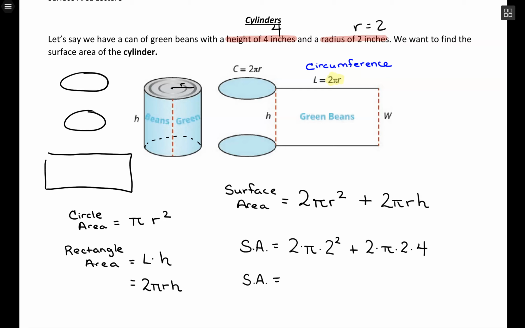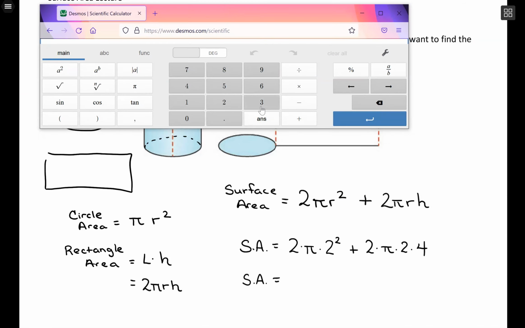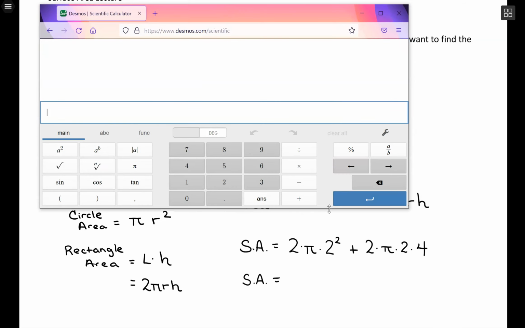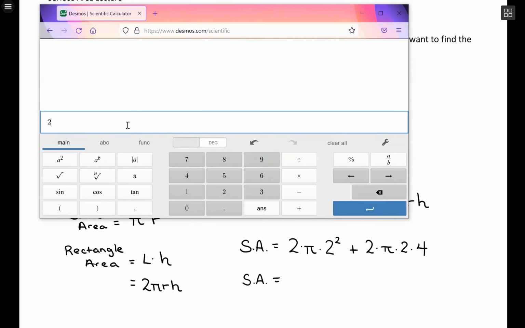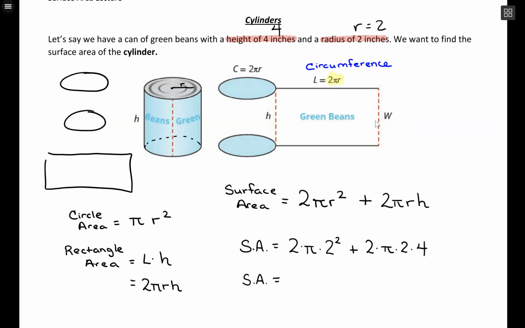I'm going to grab my Desmos calculator and plug all of that in. So we're going to have 2 times pi times 2 squared, and then add on 2 times pi times 2 times 4. Let's make sure I type that all in. Yeah, so 75 point, if I round to 2 decimal places, that 9 rounds up to a 10. So we'll have 75.4.